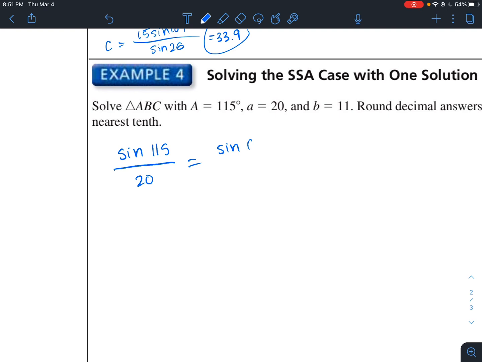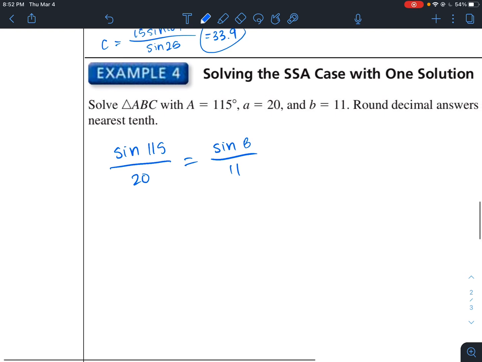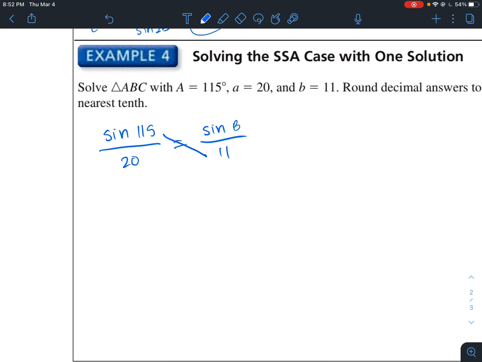So sine of B divided by 11. Okay. What I can do here is cross multiply. Then it becomes 11 sine of 115 divided by 20 equal to sine of B. Now we're going to introduce a new function that we haven't talked about.